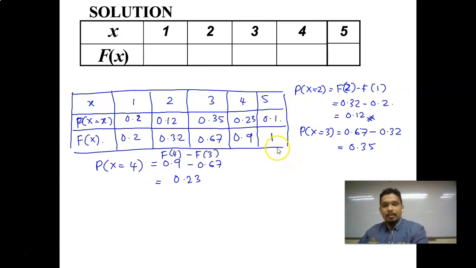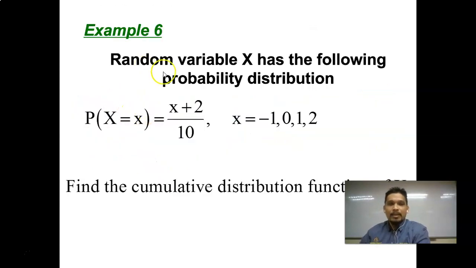Okay, that's it. It's a probability distribution function table here. Now, a random variable x has the following probability distribution. Find the cumulative distribution function of F x.